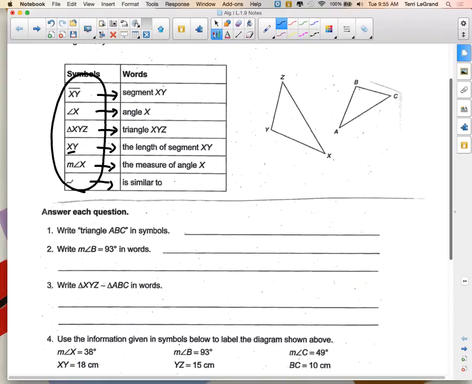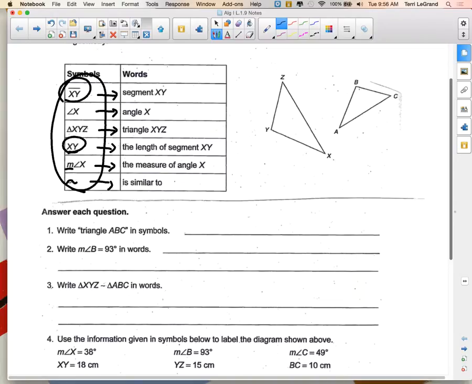So if they don't have that line segment above it, they're referring to the length of that line segment without the line segment drawn above it. So there's a difference between these two. So you have to make sure that you know what the difference is, what they're referring to. And then when we put a little M in front of an angle, that stands for the measure of that angle. So when they want you to give the measure of an angle, they'll put a little M in front of it and name it angle, whatever it is.